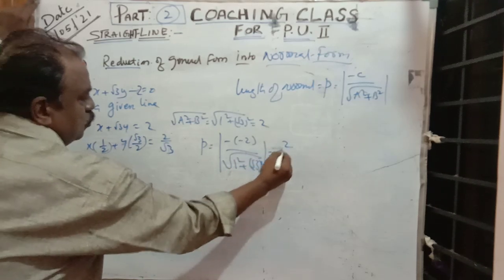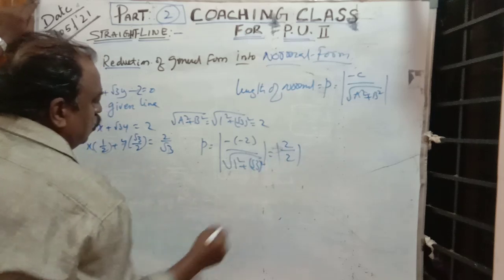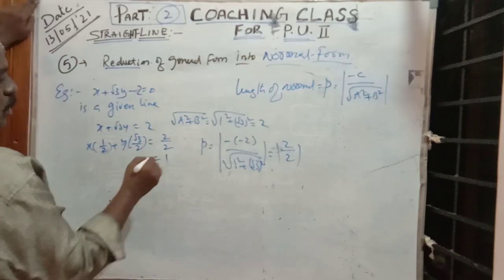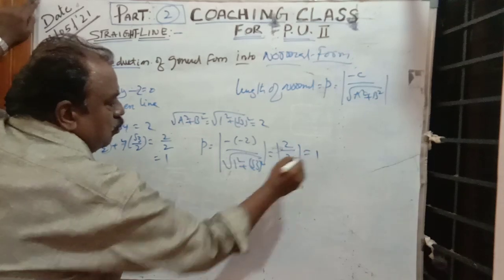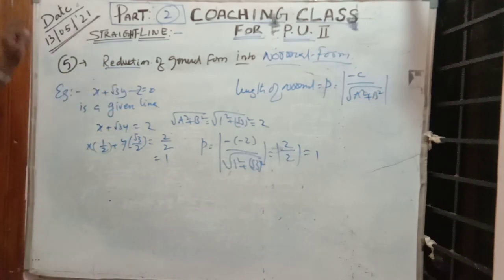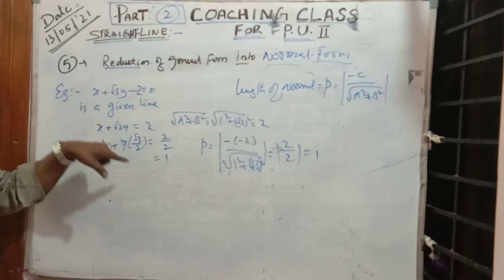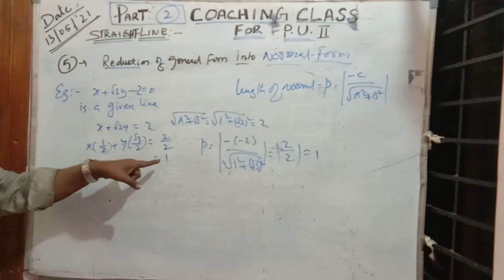It is 2 by 2, so we get 1. So p is equal to 1. By using the formula, or otherwise, the length of normal is 1.